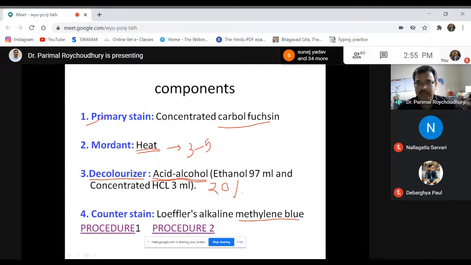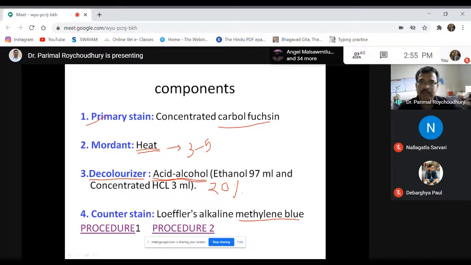Here the difference comes. So finally, we can use a contrasting blue color, the methylene blue. All the non-acid fast bacteria will take the methylene blue color, and the acid fast bacteria will still retain the color of carbofuchsin.